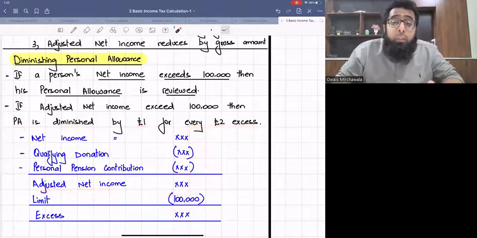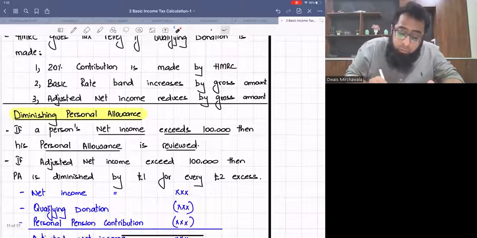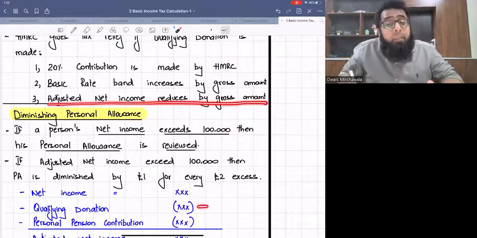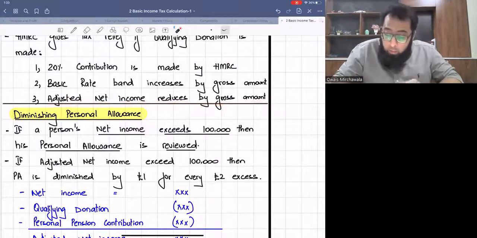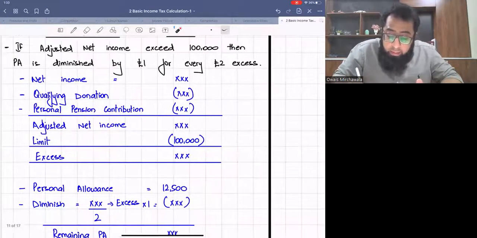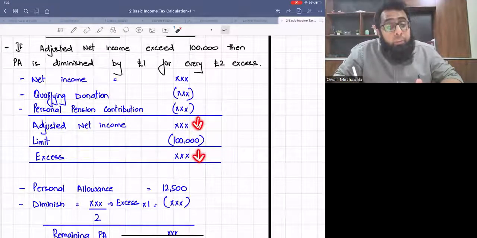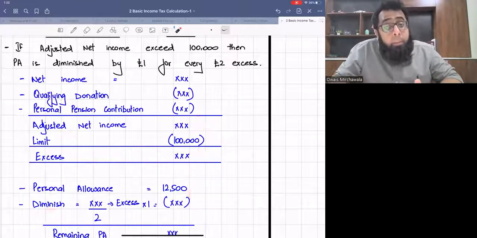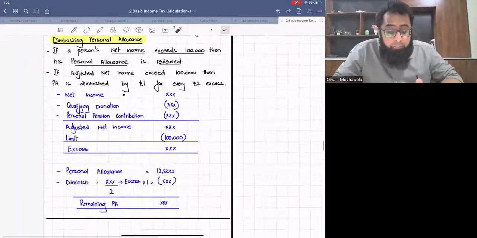So what you need to understand is that when a person makes a qualifying donation, his adjusted net income is reduced. When your adjusted net income gets reduced, obviously this excess also gets reduced, so the diminishing is also lesser. So listen to me.